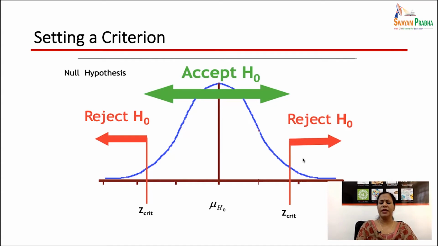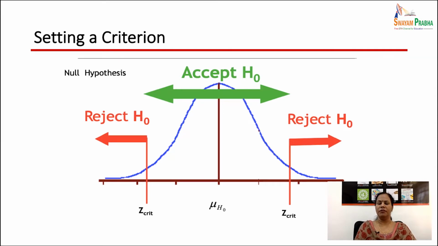So always we set a criteria. Why I'm saying that 5% of the values, it means we always set our level of significance, how much level of significance we want. Mostly you might have seen that we always set the level of significance at 0.05. So what does it mean?